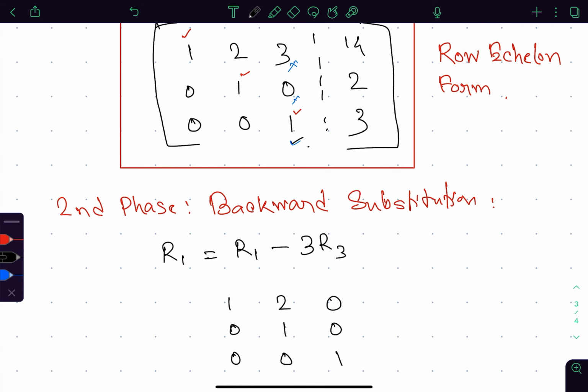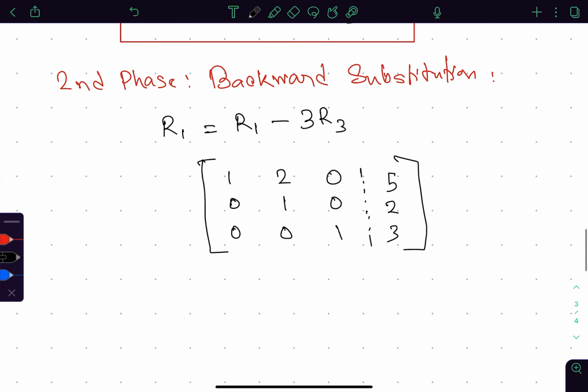So 14 minus 9 is 5, giving 5 2 3. So this is completed. This pivot is safe and secured now.